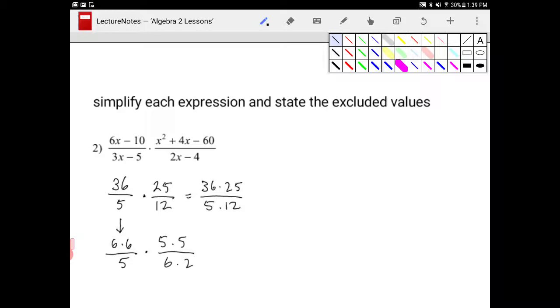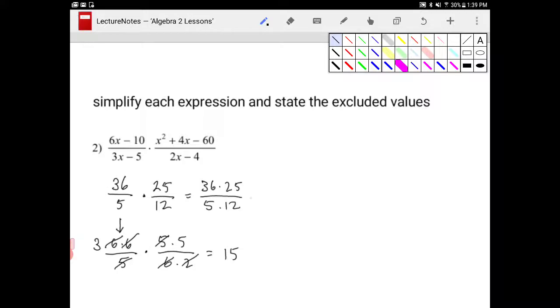Well, if you look at this, I have a 6 here and a 6 there. They cancel. The 5 and the 5 cancel. Anytime you have the same number in the numerator and denominator, dividing by one another, we can certainly reduce them. And look how simple this product now becomes. The 6 and the 2 also cancel, the 6 becomes a 3. My final answer here is 15.